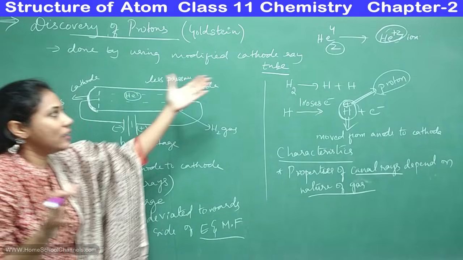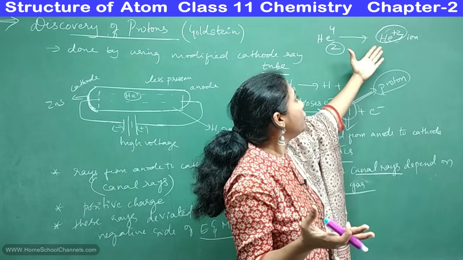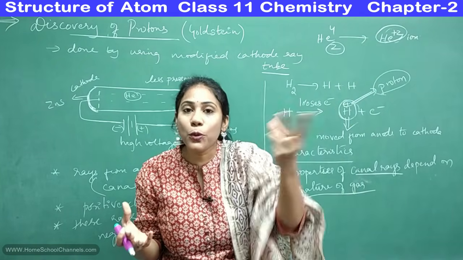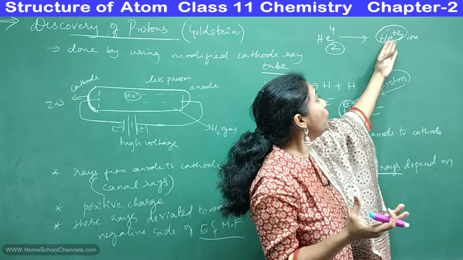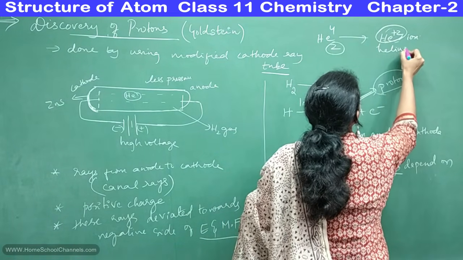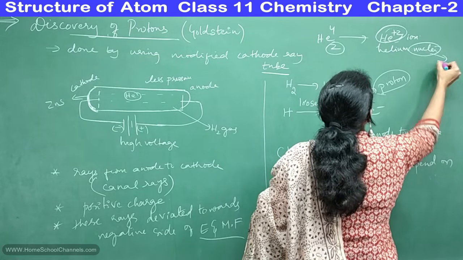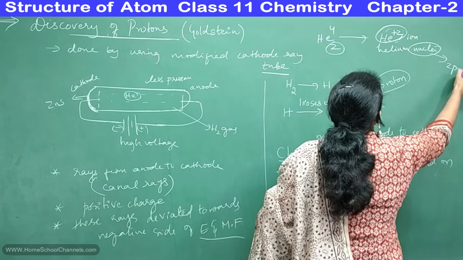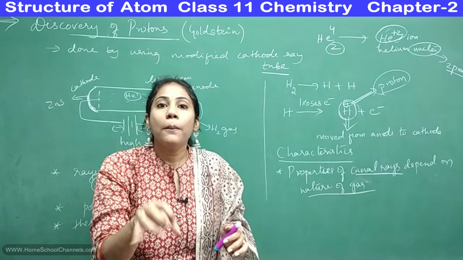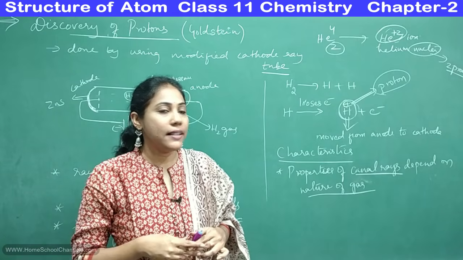It's not a proton. I cannot call this a proton now, because it is not a single proton. The helium nucleus actually has 2 protons. Atomic number 2 means it has 2 protons inside the nucleus and 2 electrons outside the nucleus, right?